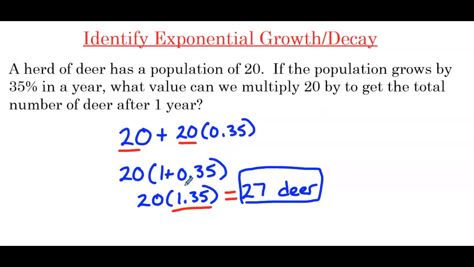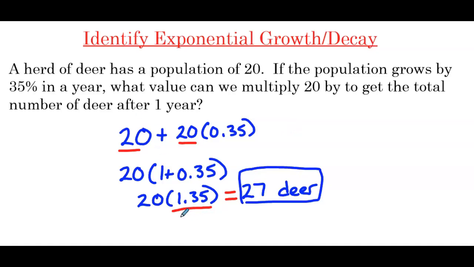But why 1.35? Well, if we think about how we set it up in that first line, we took the population that existed, which is 100% of the deer that are there, and we added 35% on. Well, what's 100% plus 35%? That would be 135%, which in decimal form would be 1.35.